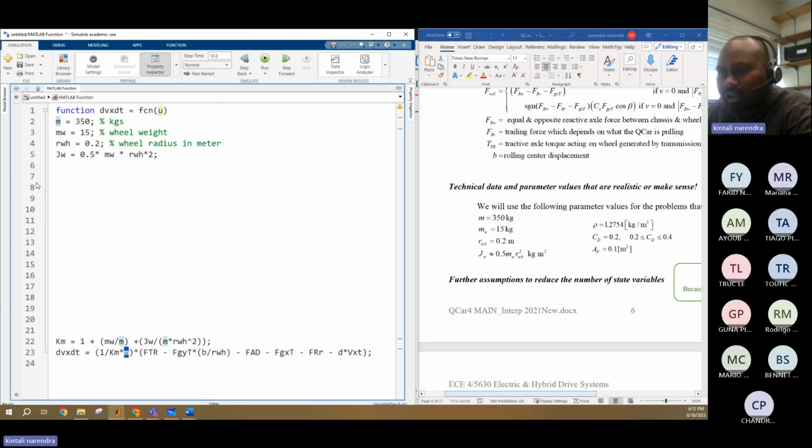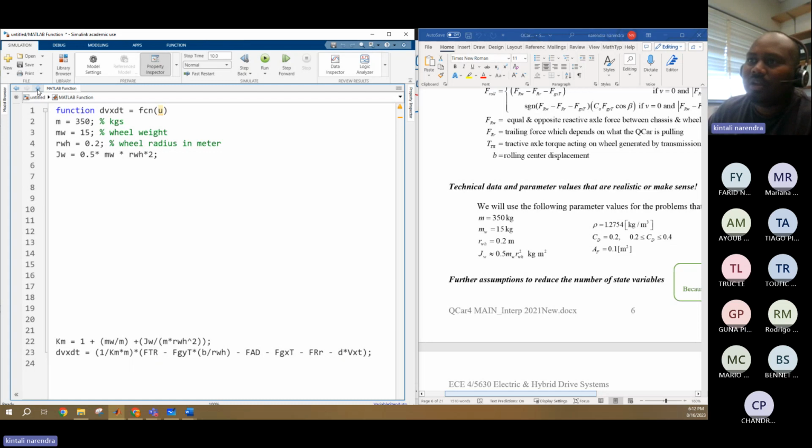So the next term is FTR. Sorry, one question. Some of the things are highlighted in yellow. For example, that function of u. What does that mean?